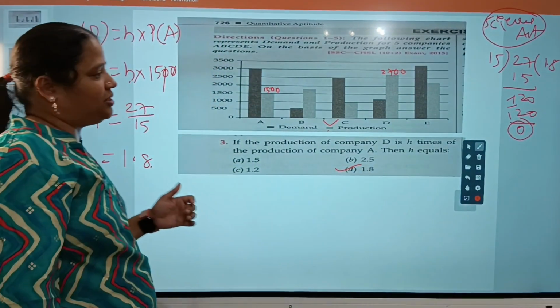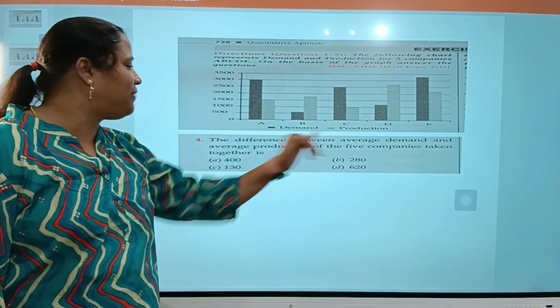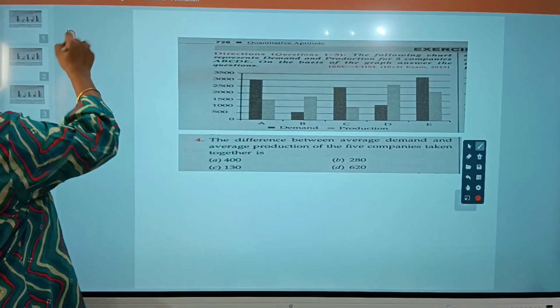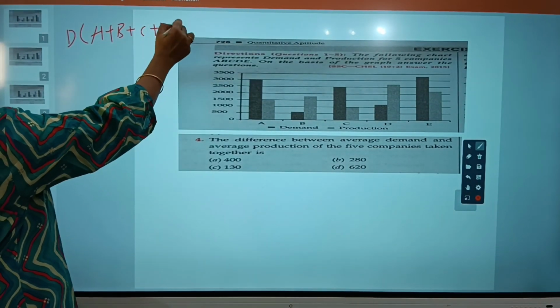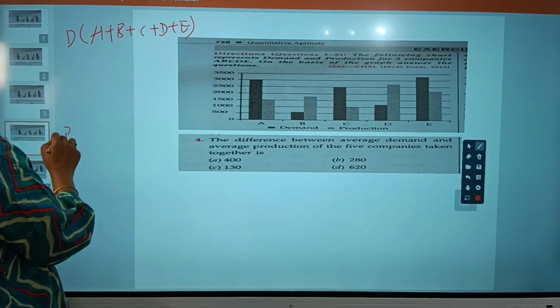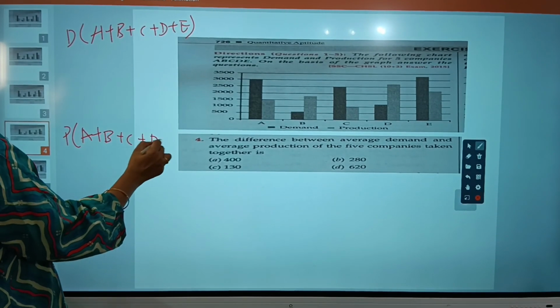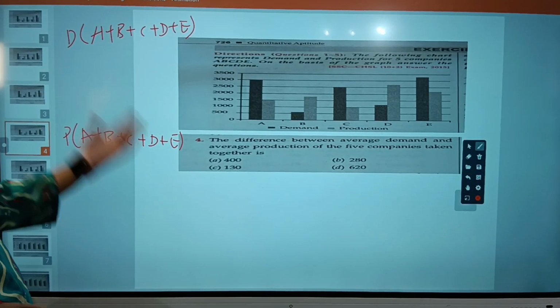D is the answer. Next question is the difference between average demand and average production of 5 companies taken together is. We have to take all companies' demand and all companies' production together. And we have to calculate the difference between the two and its average.